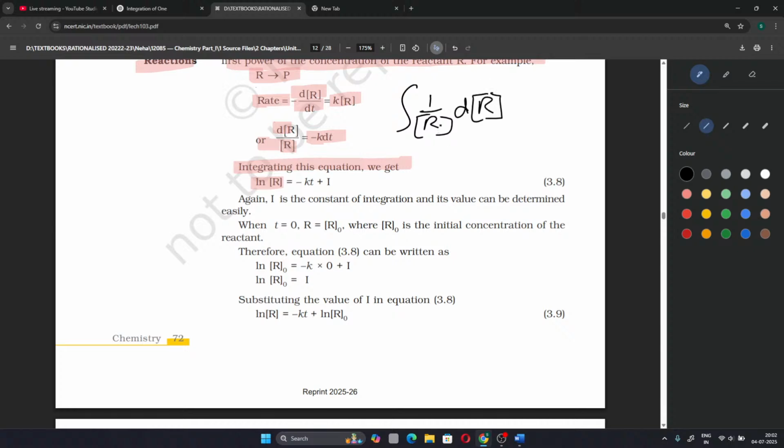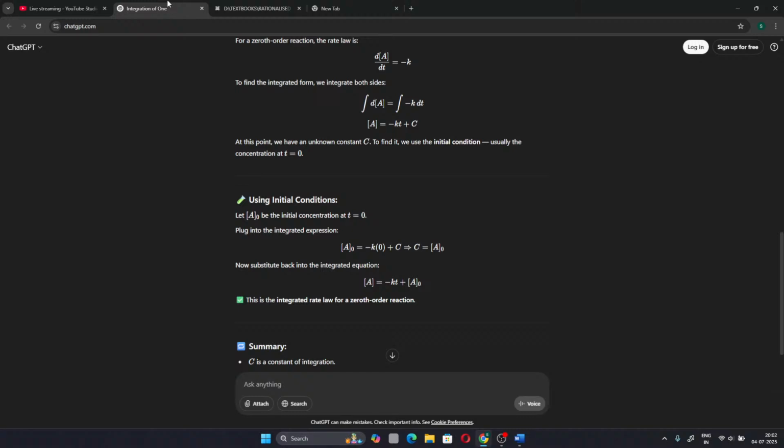When we integrate 1/x with respect to dx, we will get ln x. I think this is the formula.